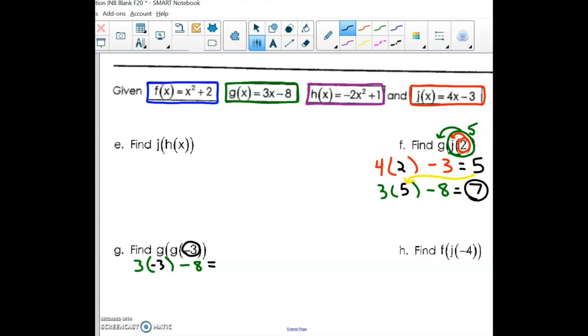Negative 9 minus 8 is negative 17. We're going to take that value and we're going to plug it into the g function again. So we take 3 times, this is the g function, this negative 17 is going to enter back into the problem.